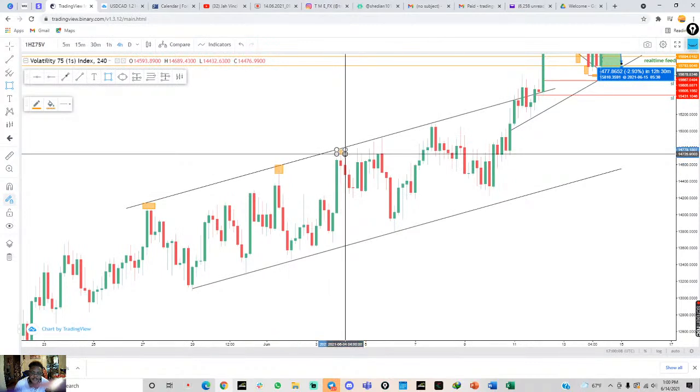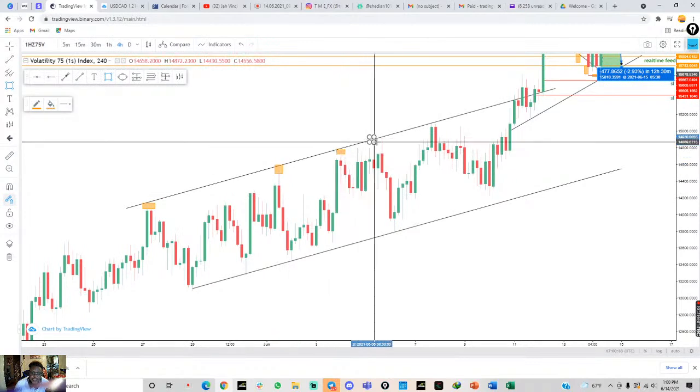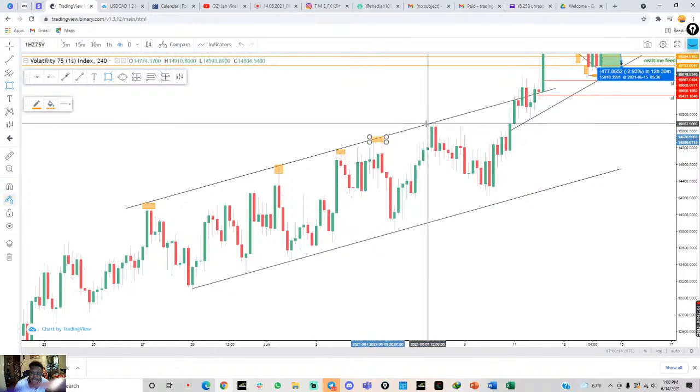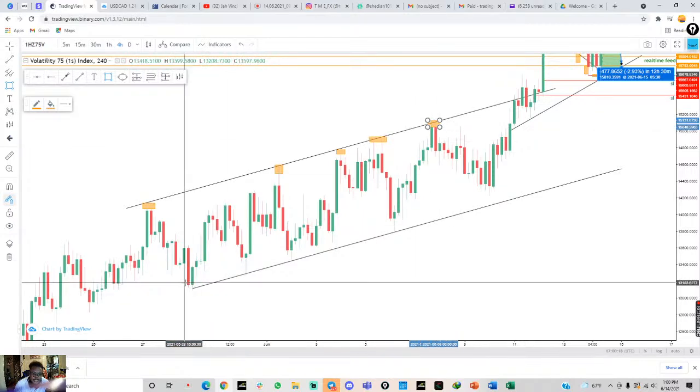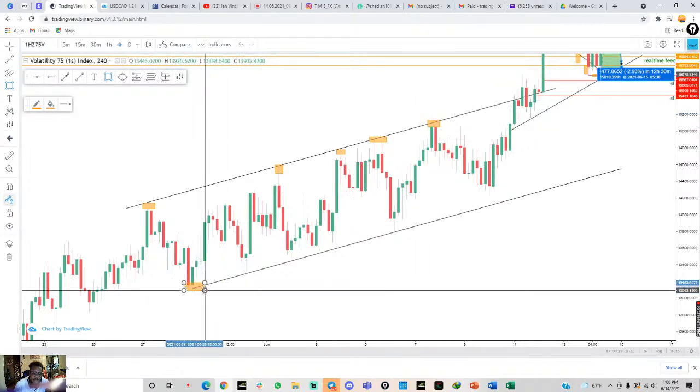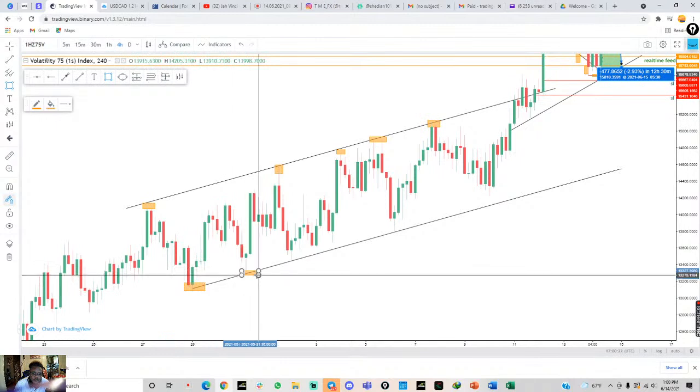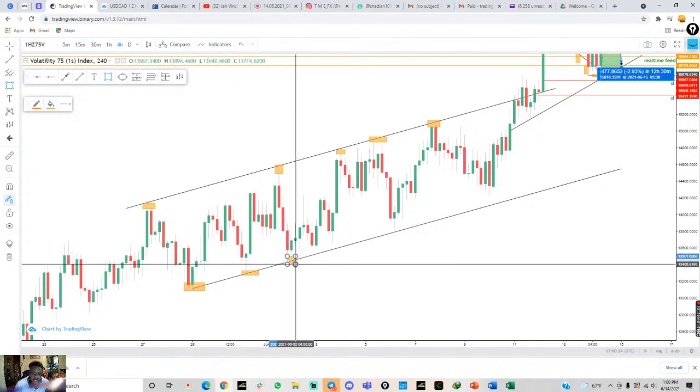Alright, I'm just highlighting potential sell area to show you guys the validity of this strategy, how effective this strategy is. Again, right here you have one touch, two touch, all the way out.